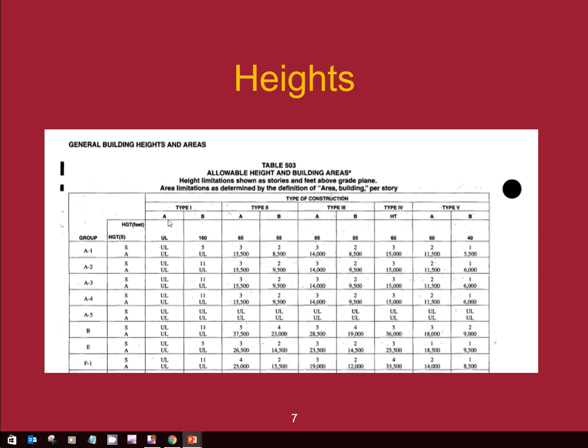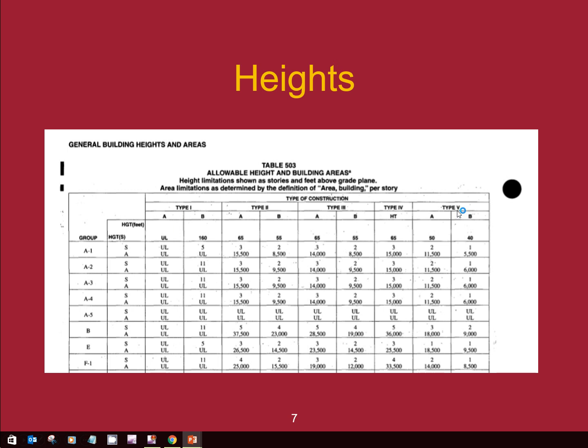So a type 1 A and B deals with sprinkler system and things like that. So for an assembly of type 1 construction A, it's unlimited. It can be as many floors or as much area as wanted.